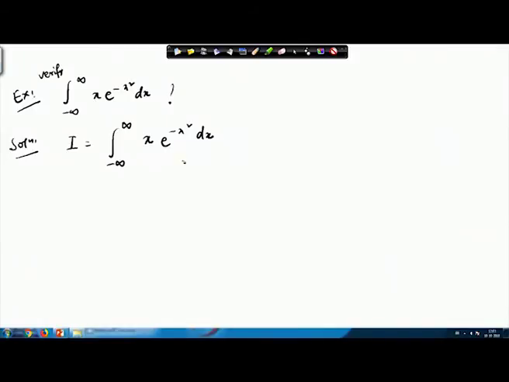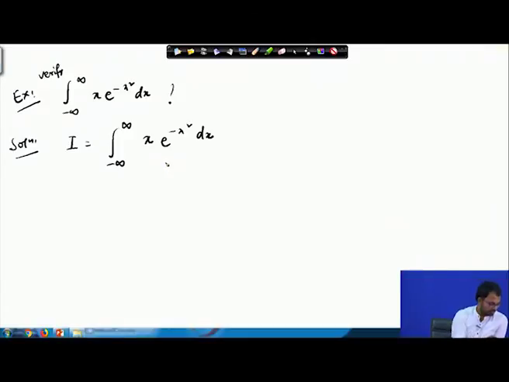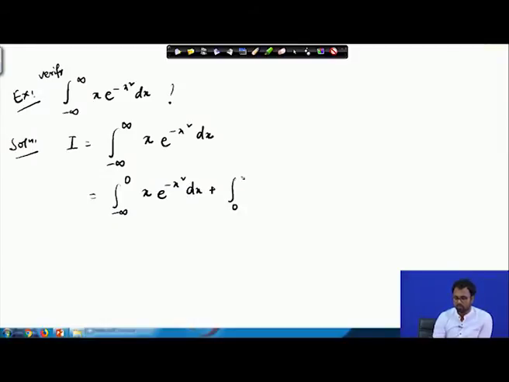Again, for this integrand, we choose any point between minus infinity and plus infinity so that we can split this integral into two halves. So, I choose the integral from minus infinity to 0 of x e to the power minus x square dx plus the integral from 0 to infinity of x e to the power minus x square dx.